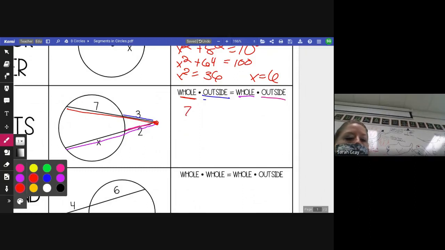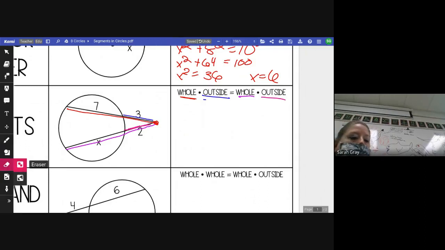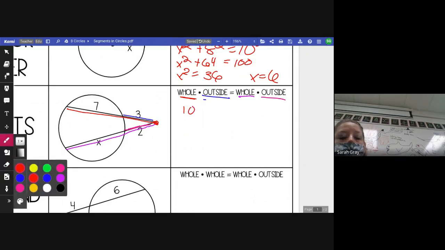Okay, so we would do 7. Nope, not 7. The whole secant is not 7. The whole secant is 10 times the outside is 3. And the whole of the bottom secant is x plus 2.